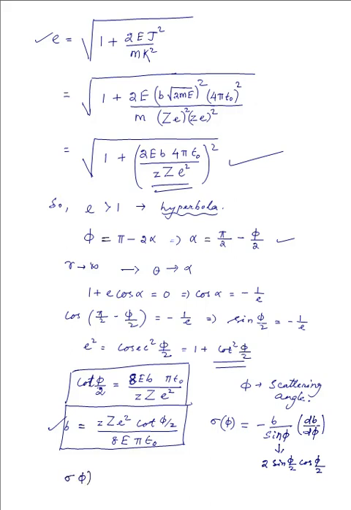Sigma as a function of phi is equal to 1 over 4 times, we follow it up with a bracket, multiplied by z times z e squared divided by 4 pi epsilon naught, well, again we can take it as 8 instead of 4, 8 pi epsilon naught multiplied by e, and that's again squared, and finally the cosecant of phi over 2 to the power 4.